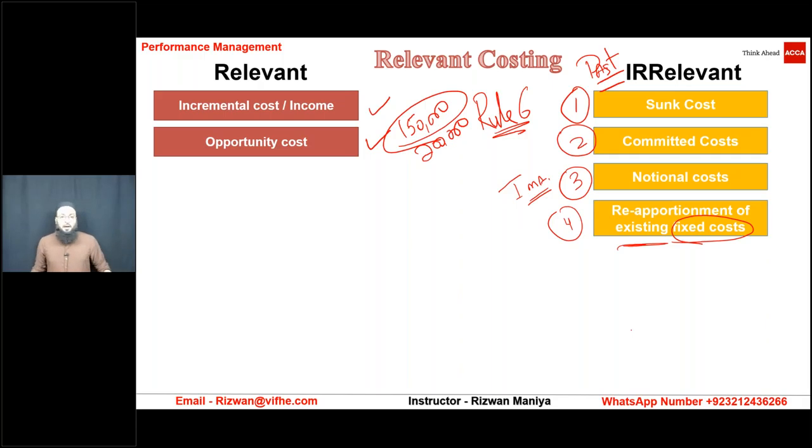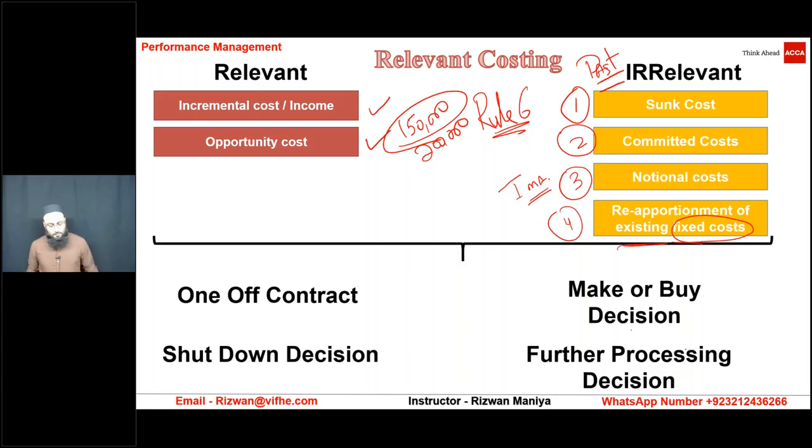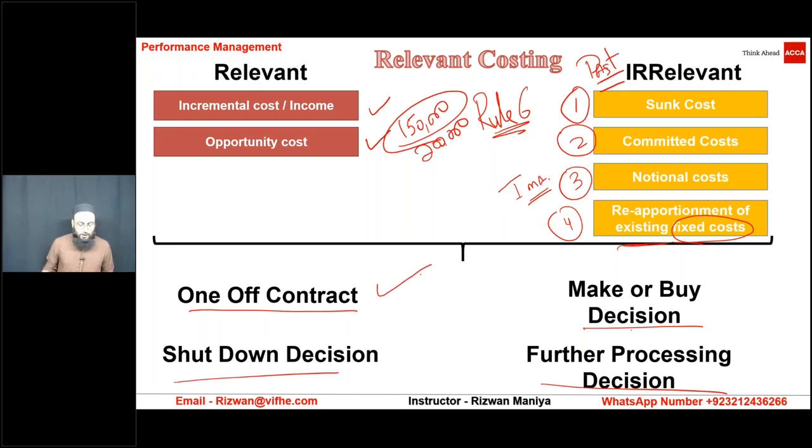Now, there are four types of decisions that we take using relevant costing principles: one-off contract, make or buy decision, shutdown decision, and further processing decisions. So listen very carefully. I've covered one-off contract before in my previous webinars, so the link will be shared with you in the $1 Million Plan.